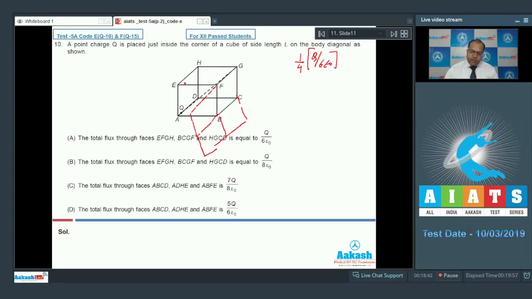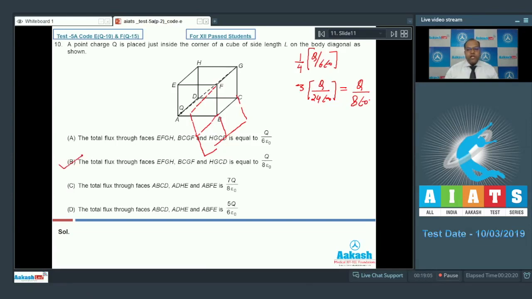Similarly, the flux through the near faces are also the same. So the total flux through the far faces is given by 3 times Q by 24 epsilon naught. So it comes out to be Q divided by 8 epsilon naught. So option B is correct and A is wrong.